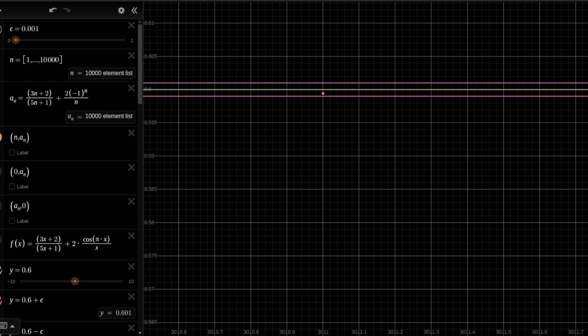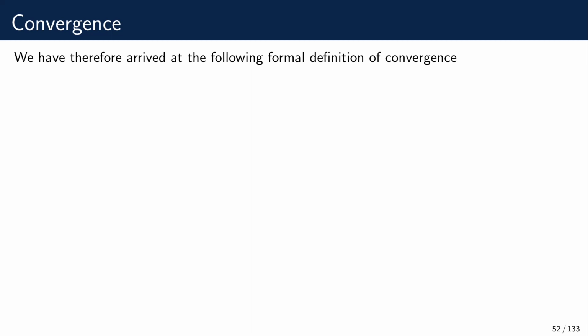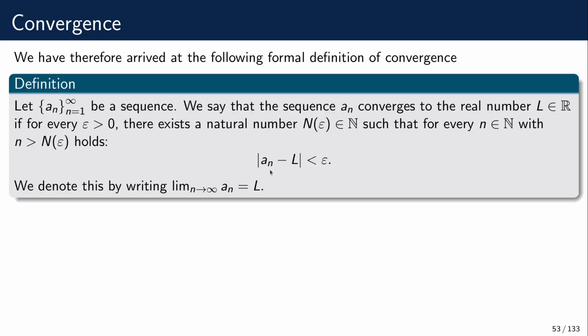And this is the idea of the definition of the limit. This is the essence. So now that we have seen the visualization of the definition, let us give finally the very rigorous definition of the limit or the convergence.